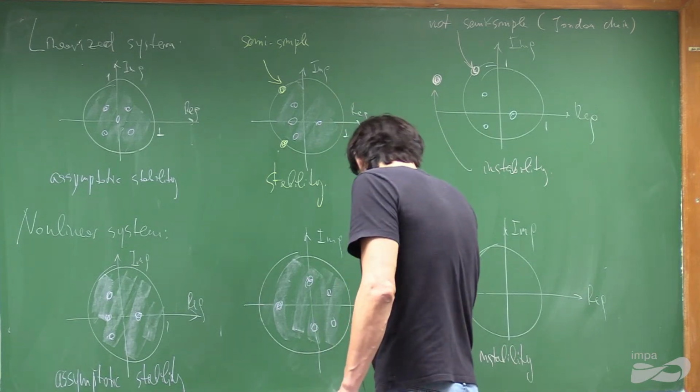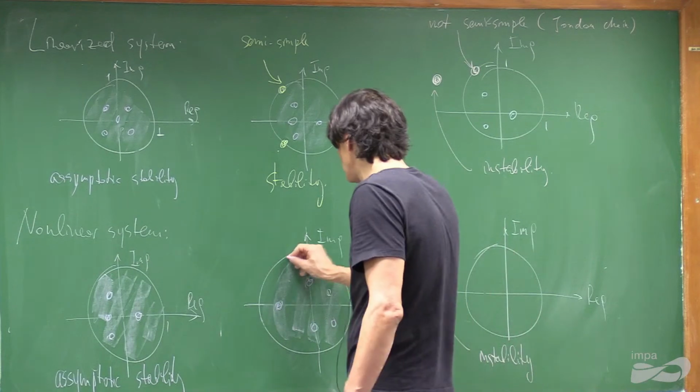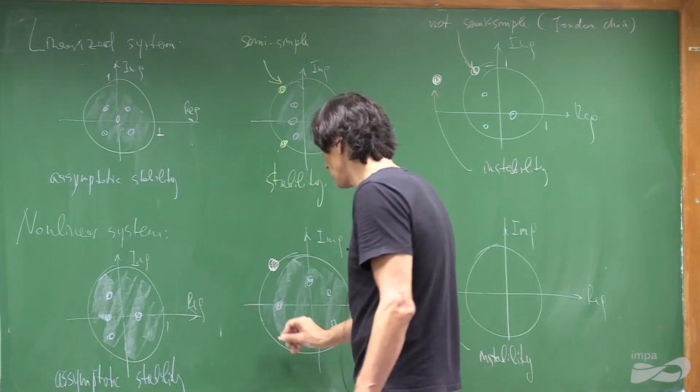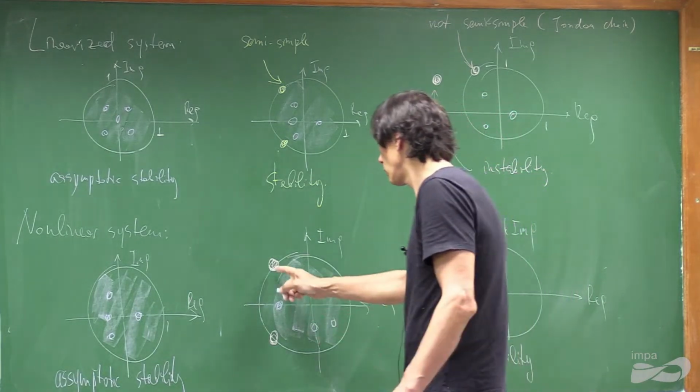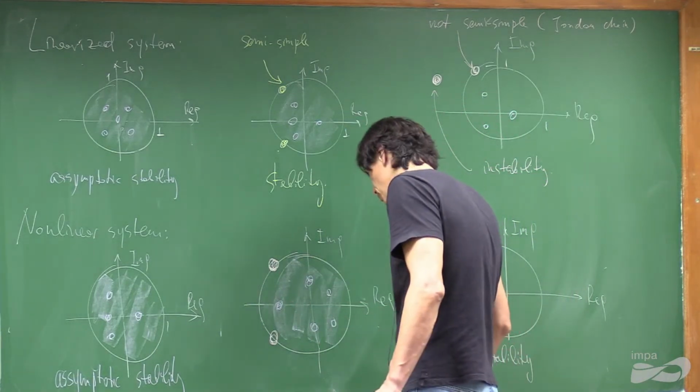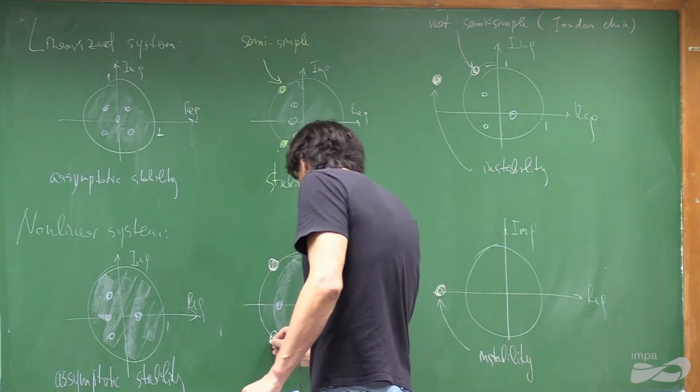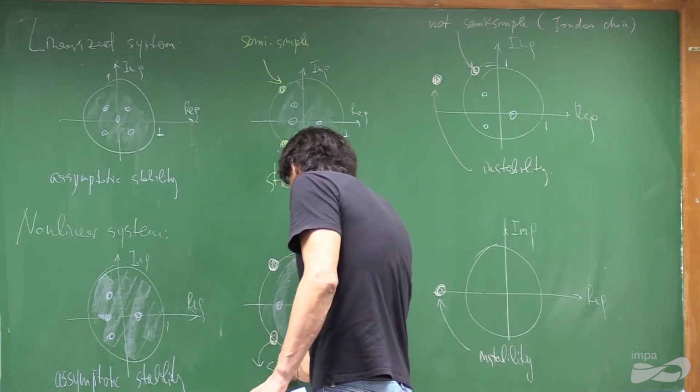Everything inside the unit circle, but there are some eigenvalues on the unit circle. So this gives you a special case.